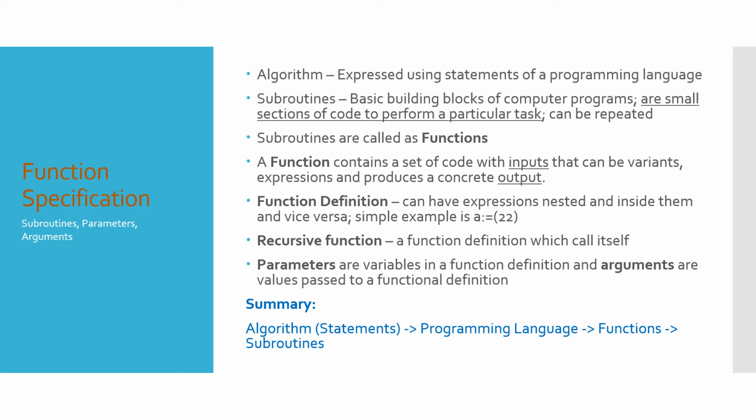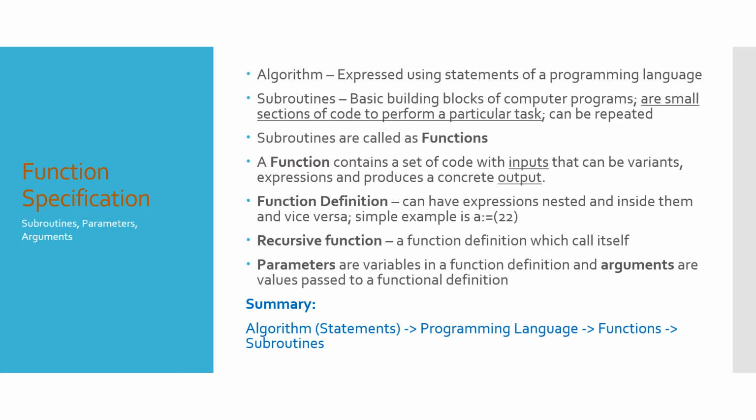A function consists of multiple elements. First, I would call it the algorithm. An algorithm is a statement of any programming language. Without an algorithm, you cannot execute a particular program.